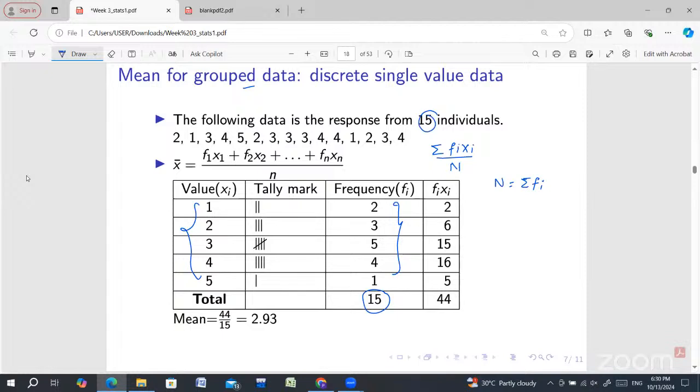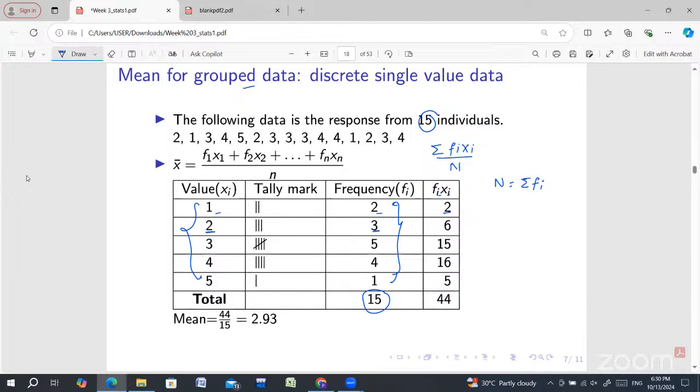So we write distinct values first, then we write their frequencies, xi. So 1 multiplied by 2, which is equal to 2. Then 2 multiplied by 3, which is equal to 6. Then 3 multiplied by 5, which is 15. And in the similar way, we will find it for each case. And then we take summation over fi into xi.